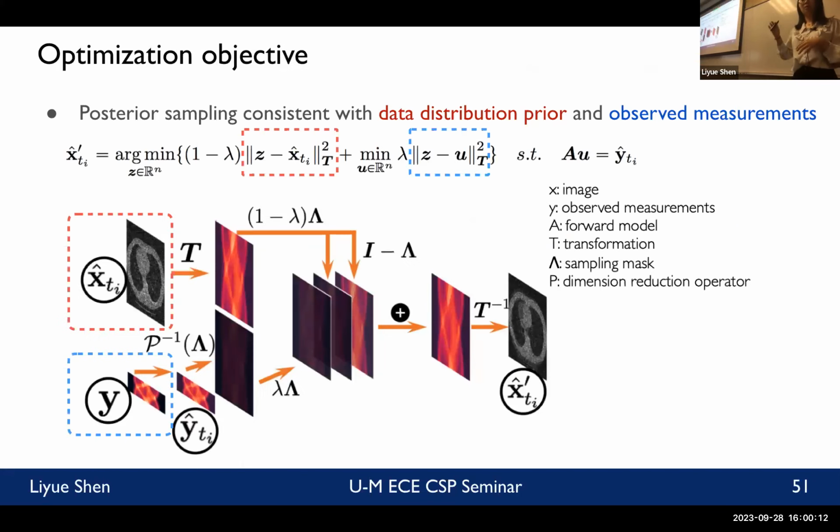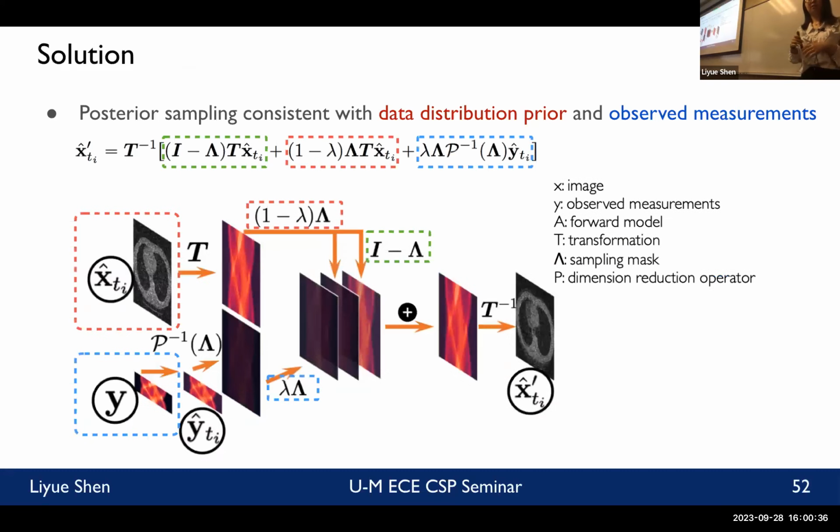Specifically, we solve an optimization problem in each step of the generative model, where we want to stay close to the current sampled image, which is x_t here, and also be close to the manifold of x given y that is constrained by our measurements. By solving this optimization objective, we get a solution that can also be easily understood in a physical, straightforward way.